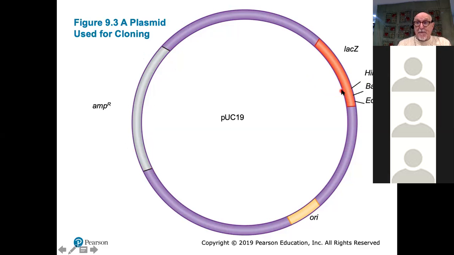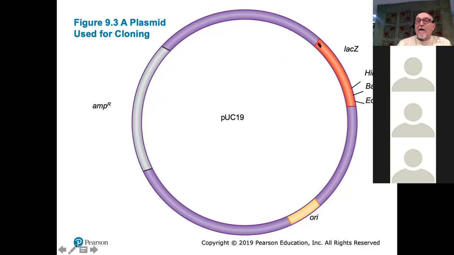into the plasmid. Remember, we're using the plasmid as a vector. We're using it as a way of getting our useful gene into a bacterium. The ampicillin only tells us that the bacterium took up the plasmid. It doesn't tell us whether or not we successfully inserted the gene that we wanted to go in. So that is the utility of this LAC-Z gene.